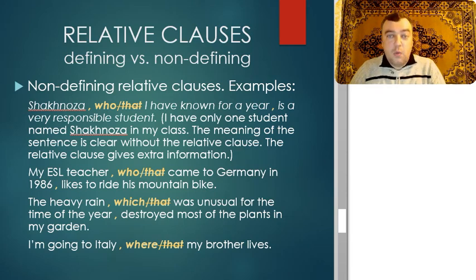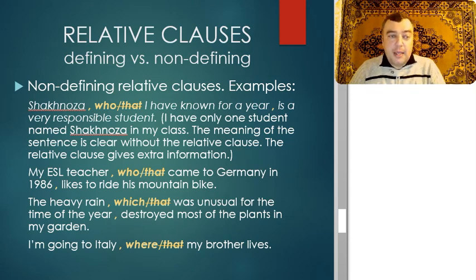So I crossed out the word that on this slide, meaning that it is impossible because this is a non-defining relative clause. And see, there is a comma before who and there is a comma after year, which shows that the relative clause is non-defining.